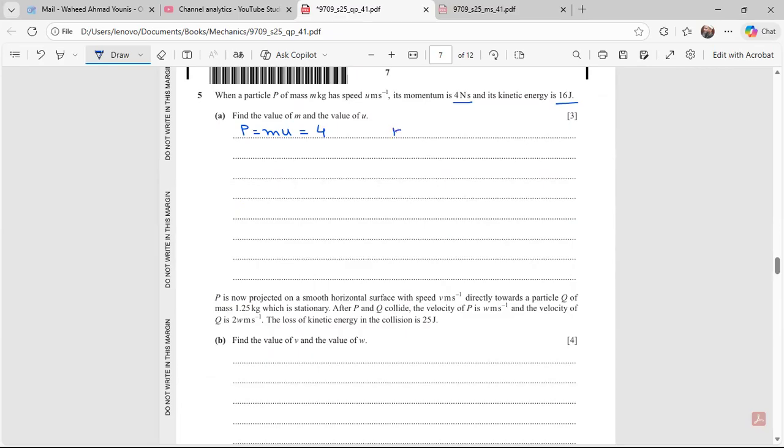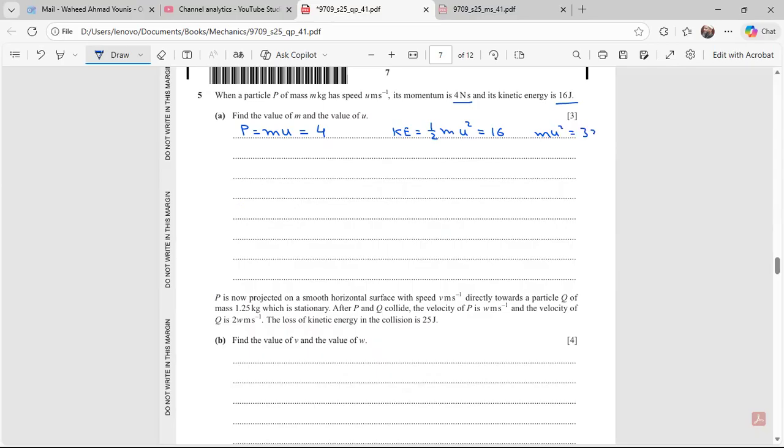And kinetic energy is equal to half m u square, and this is equal to 16. So from here you can see that m u square is equal to 2 times 16, is 32.